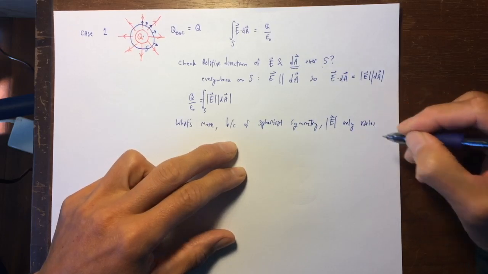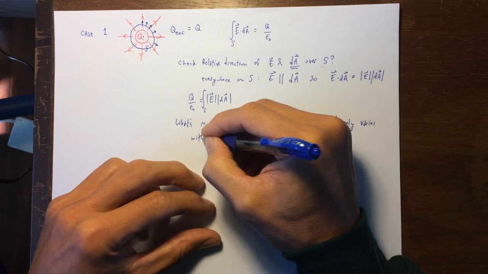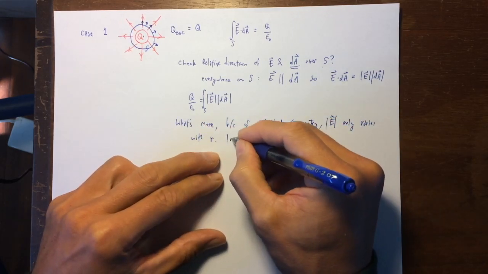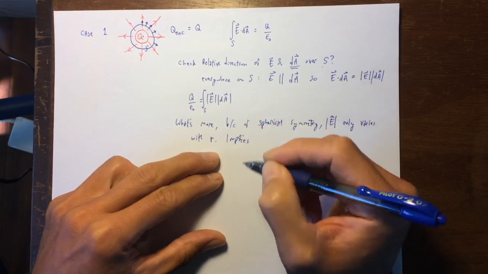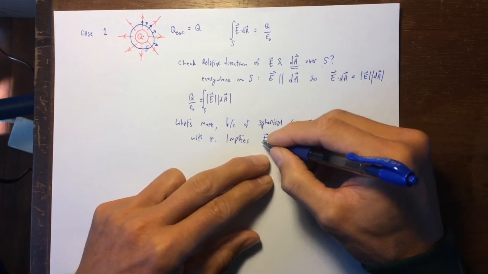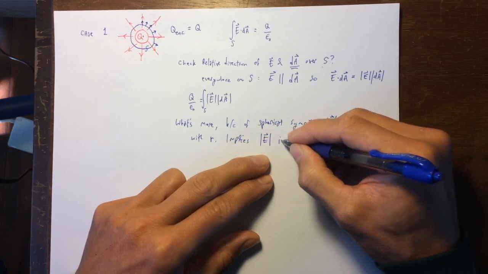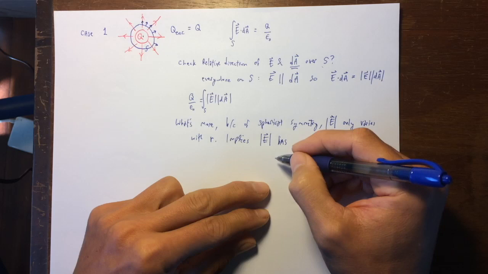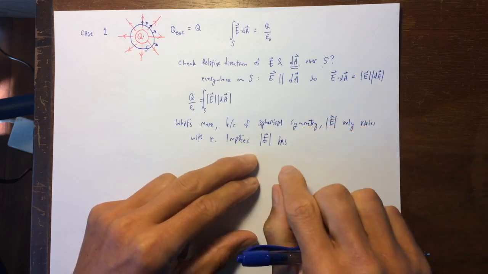only varies with r. So what does this imply?